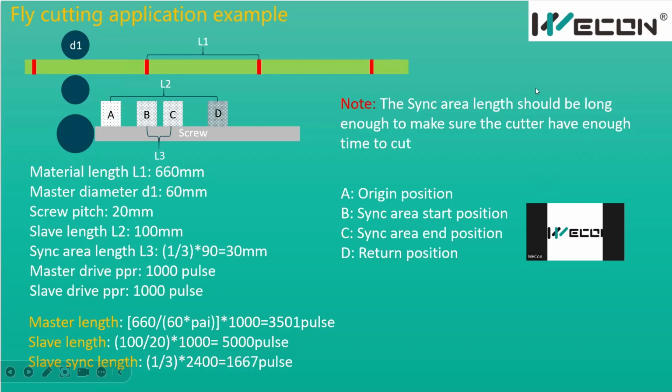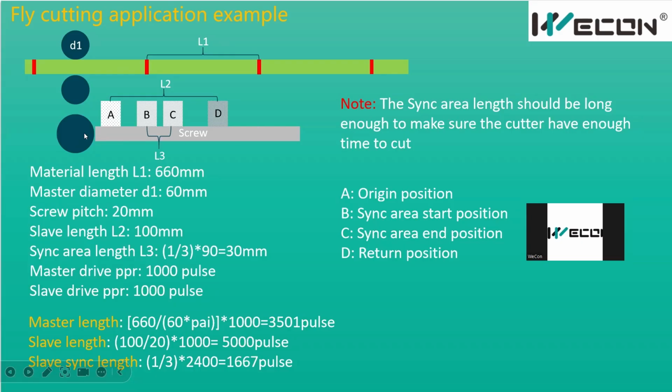And we can check this example. And also, this is our master axis. Example is also a wood board, and the right part is our F mark. So L1 is our master length, the length of our board, and we can check this part.